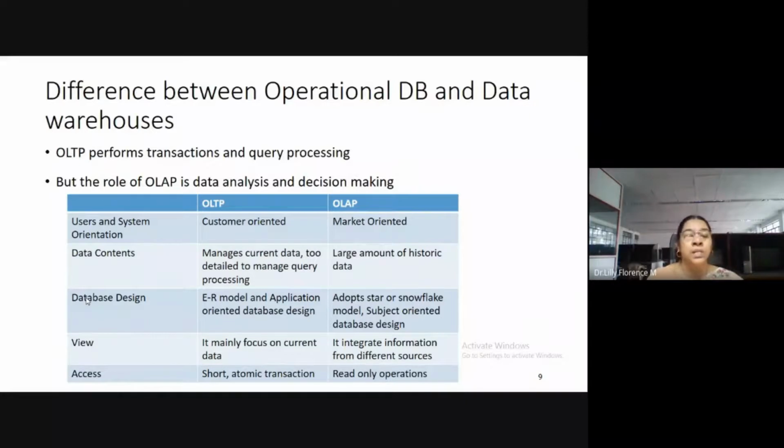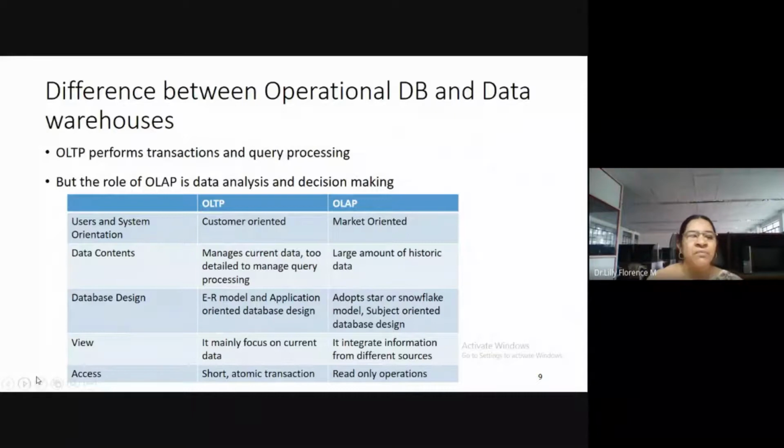That is why it is application oriented. But the data warehouse is subject oriented, because the main theme of a data warehouse is being subject oriented. The schema it adopts is the star and or snowflake model.